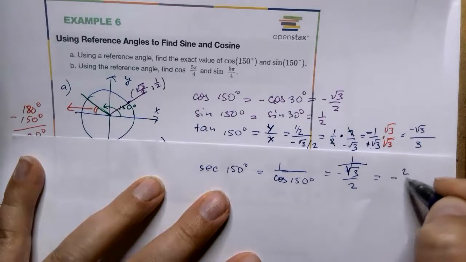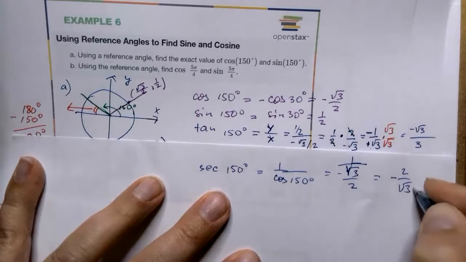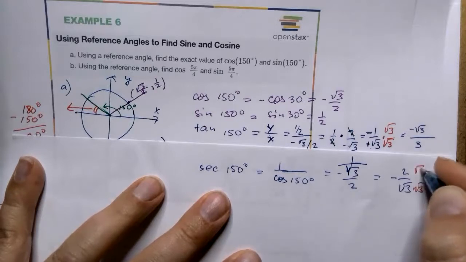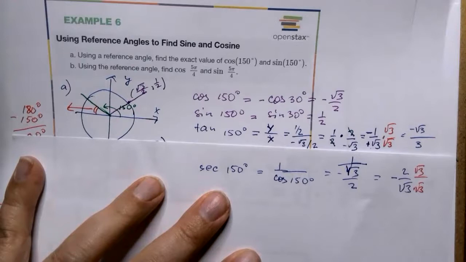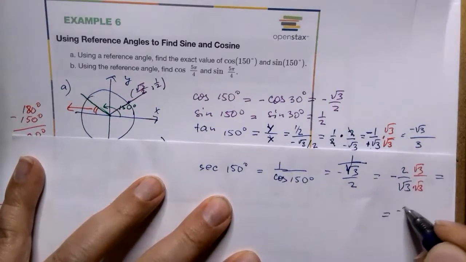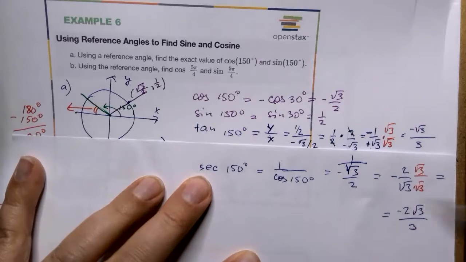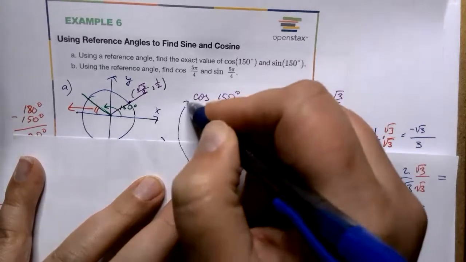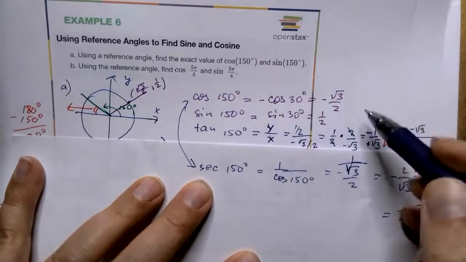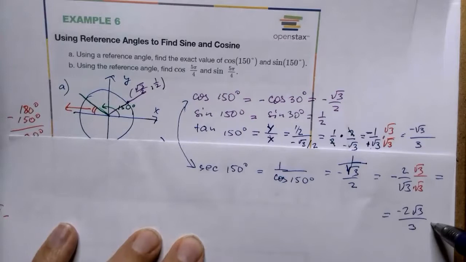So minus 2 root of 3. Same thing about rationalizing the denominator. So the secant becomes negative 2 roots of 3 over 3. So even though it does not actually look like exact flip of the cosine, in reality it is, even though it looks slightly different.